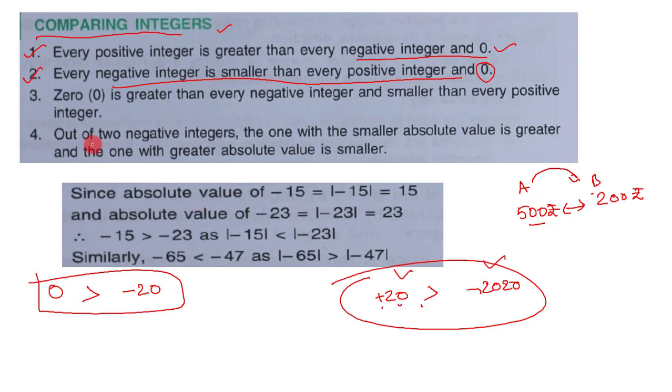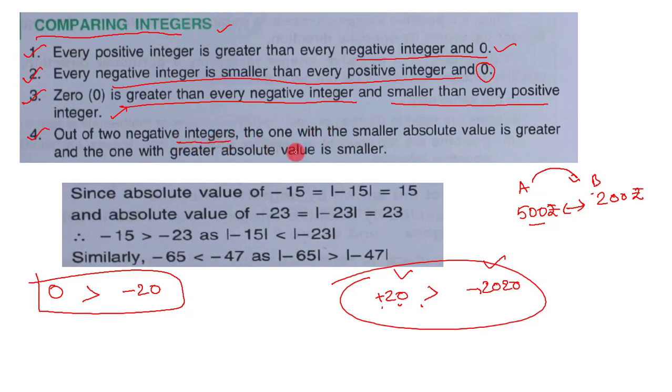The third point is that 0 is smaller than every positive integer, but greater than every negative integer.